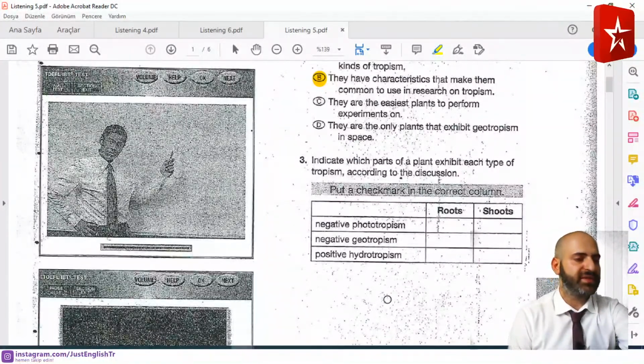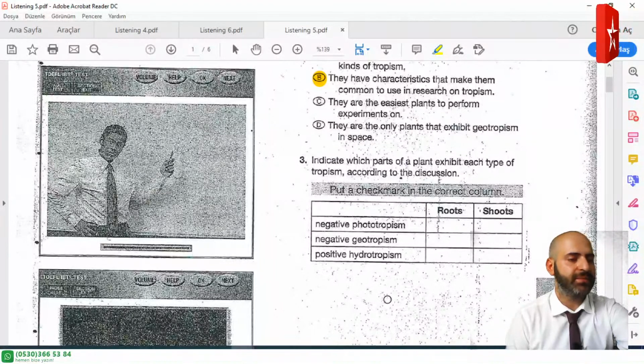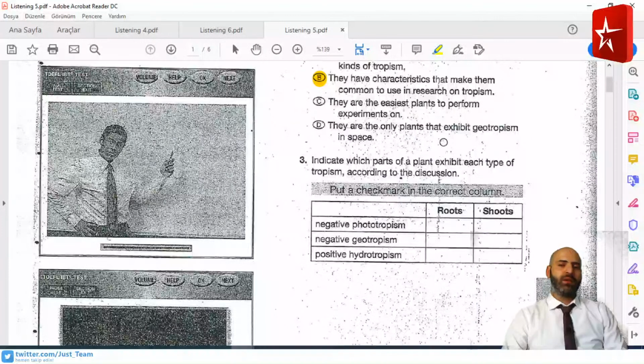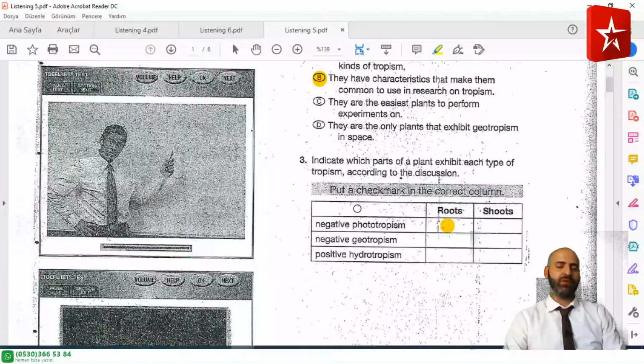Let's see, maybe we have some answers on Facebook. Girls, you are totally correct. Of course, roots will go away from light.